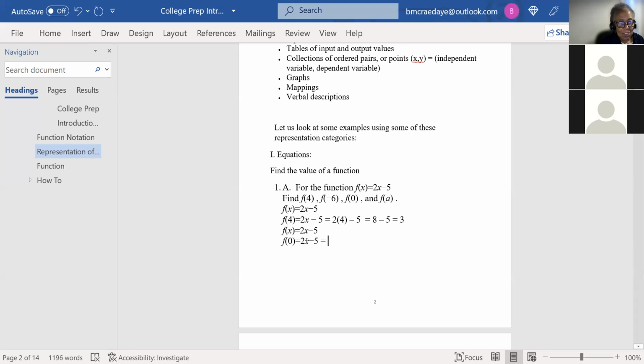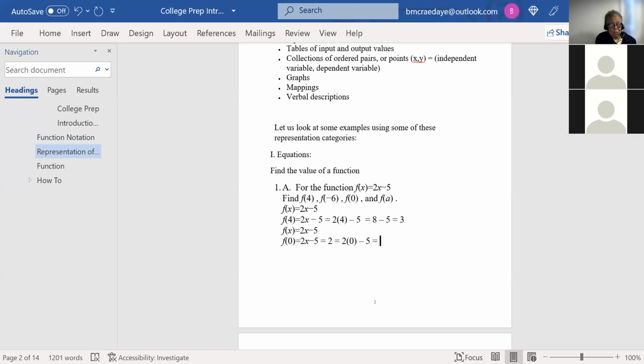No, where you see an x, you want to put a 0. Oh, it's not a 4 anymore. No, f of 4 was here. Now I'm changing my x to a 0 because it says find f of 4, f of minus 6, f of 0, f of a. So I took f of 0. So wherever I see an x, I want to put a 0. So that 2 would be times 0 minus 5. What's that equal to, Chastity?